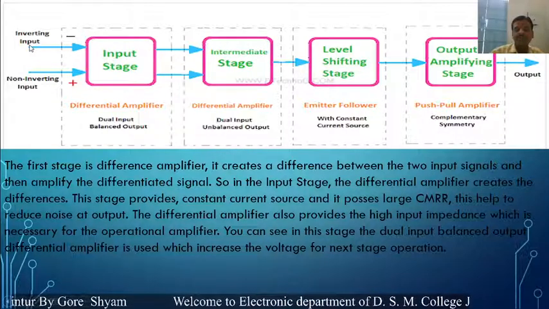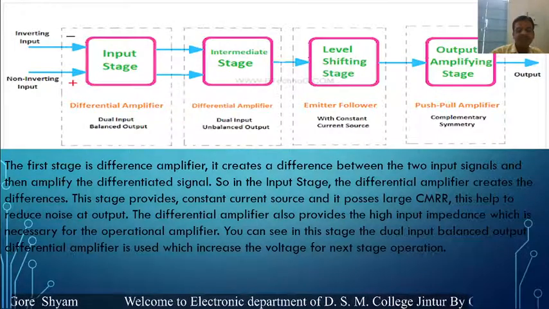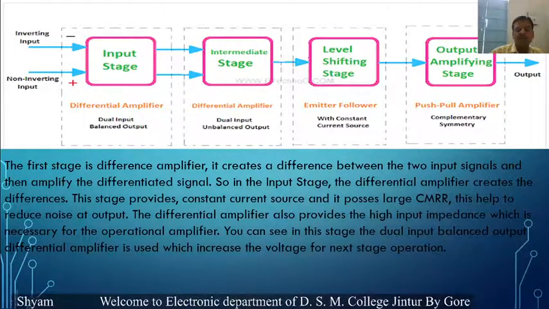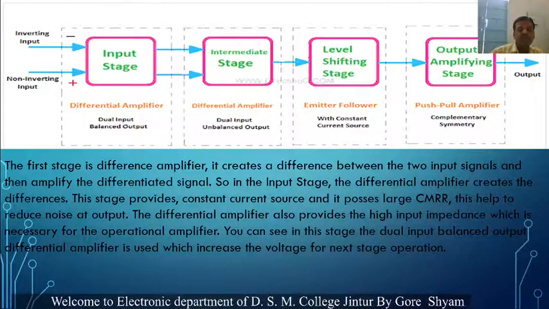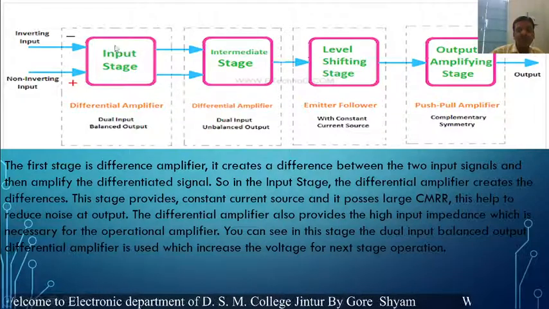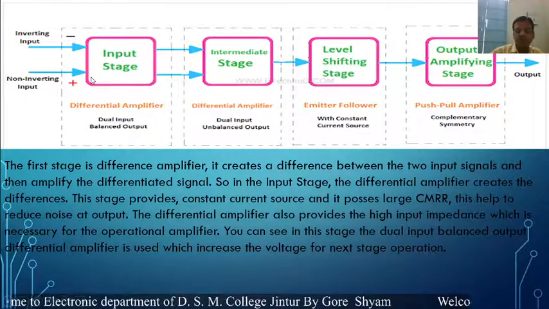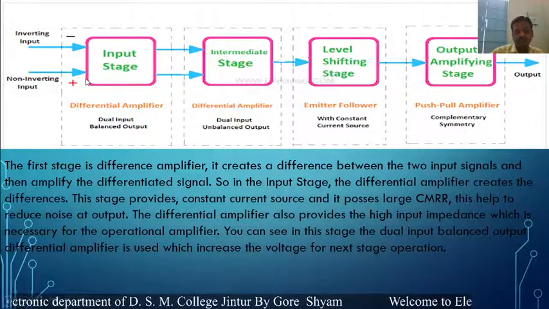In this difference amplifier, it creates a large gain, and this first stage works as a current source, and it possesses a large common mode rejection ratio.